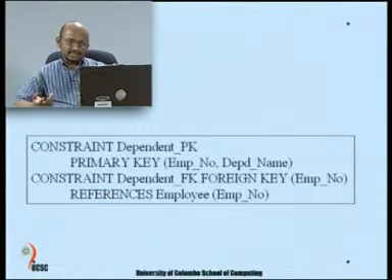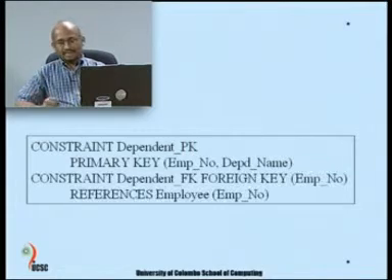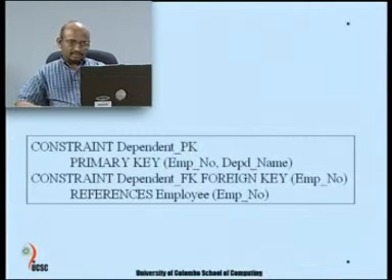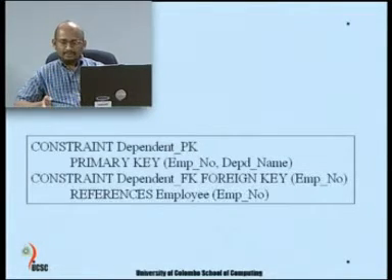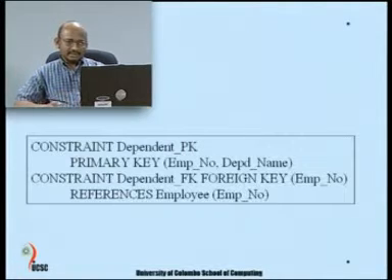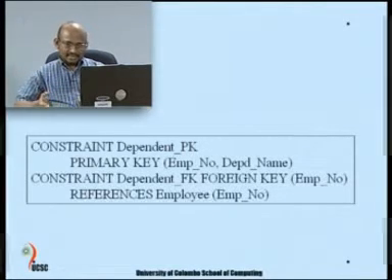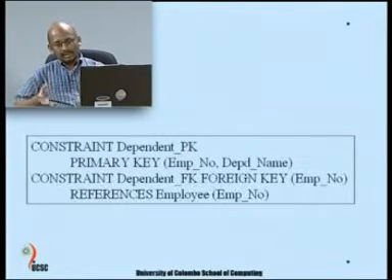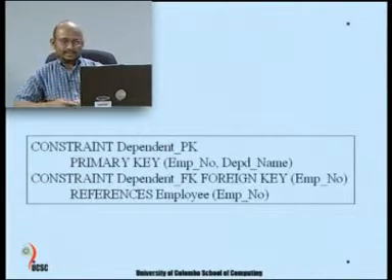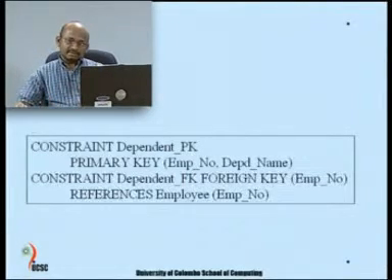So, in this case dependent pk I have used to identify dependent's primary key, and the keyword primary key and the attributes. Then for foreign key, again the constraint, name of the constraint, the type of the constraint is foreign key, then the attribute associated is employee number, then references is the keyword and the referenced table employee, and optionally the primary key or the reference key of that table is what is given there.